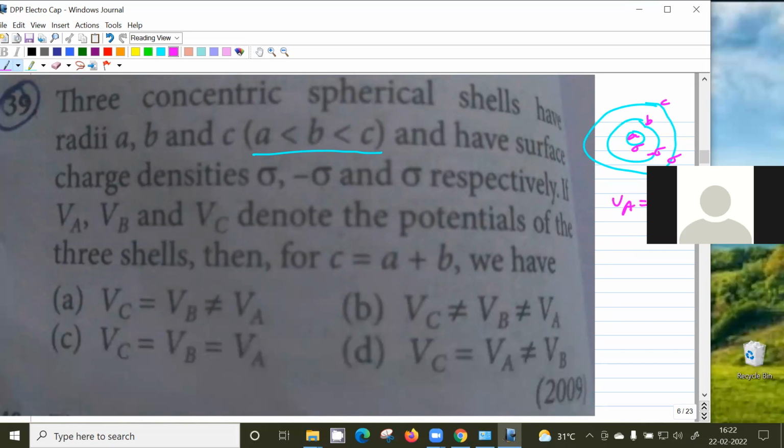All three not equal, sir. Option B. We have to calculate the potential on that shell only, no, sir, not inside or at a distance.